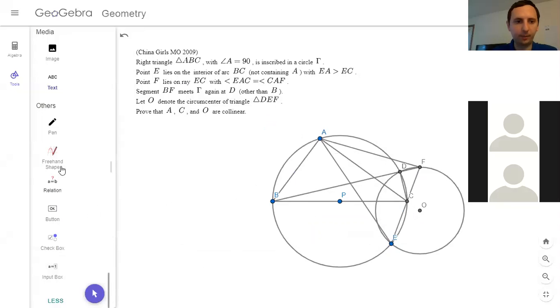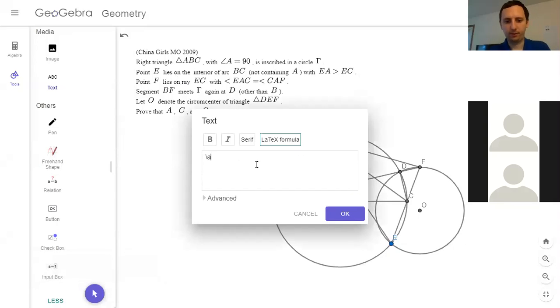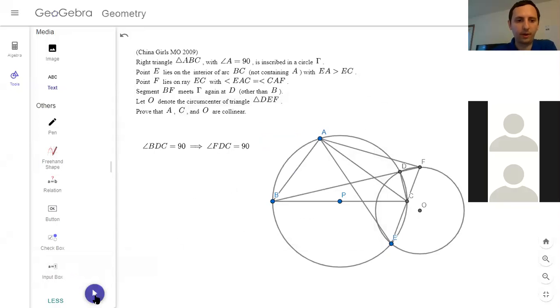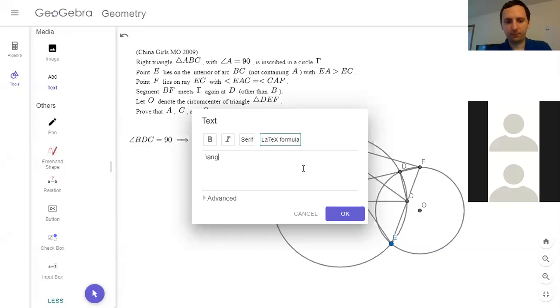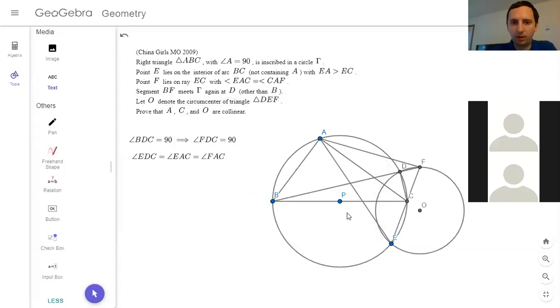So angle BDC is 90 implies angle FDC is 90. All right. And angle EDC is equal to angle EAC is equal to angle FAC. And so angle EDF, or I'll just say EAC is half of angle EAF.